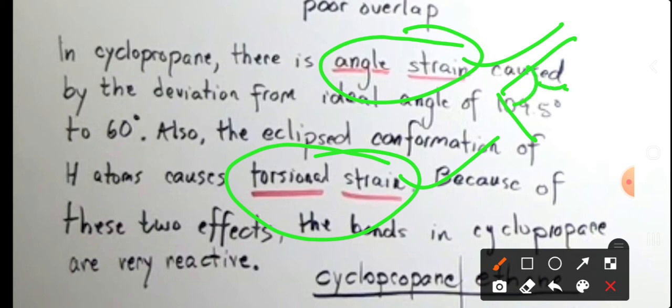That's why they have deviation and become unstable. So that is our cyclopropane conformational analysis. Okay, cyclopropane has only one conformation and its bond overlapping is very poor, and that's why this is quite an unstable and reactive molecule.